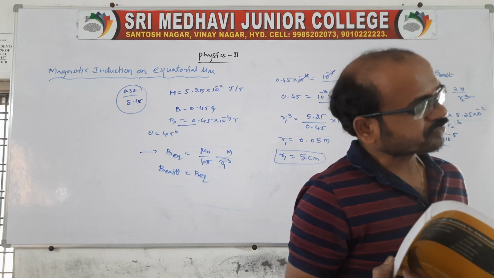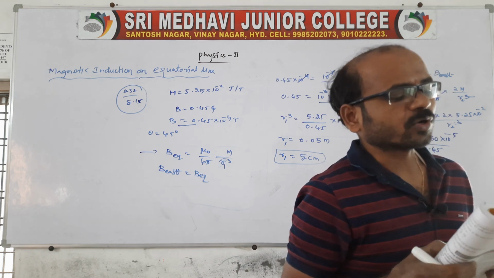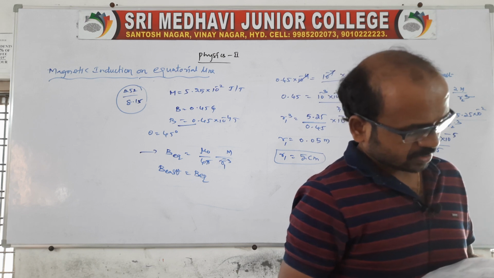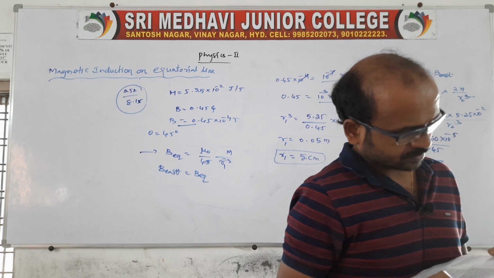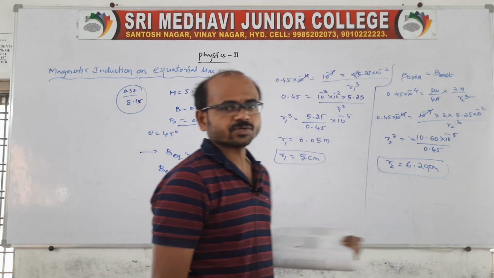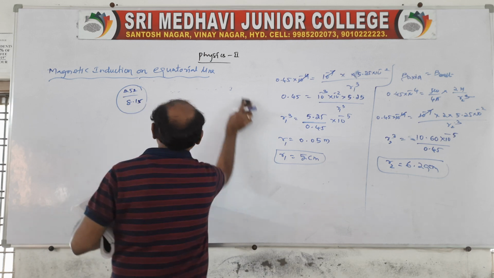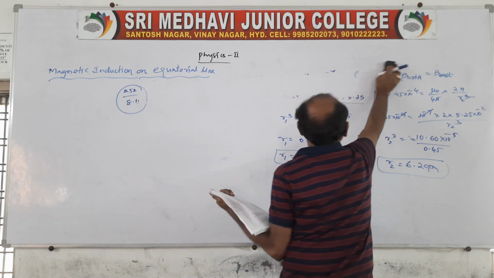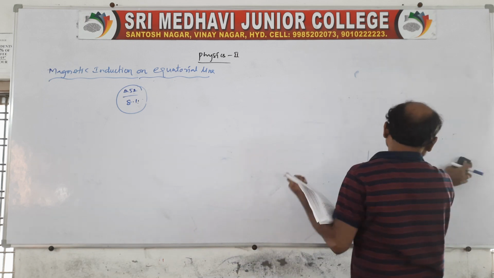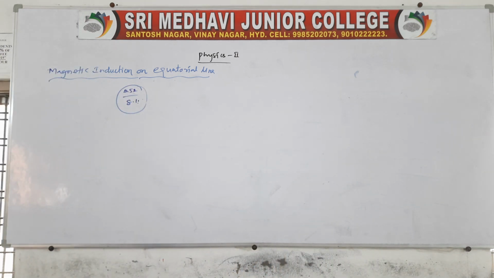Right, 8.14 also you do it, same question, 8.14, do it everyone. It is related to null point. Null point is where the field is 0. Already we did this in the previous classes related to null points, right? So 8.14. Read the question, copy the given data, after that do the problem.